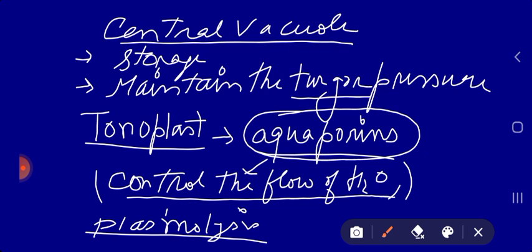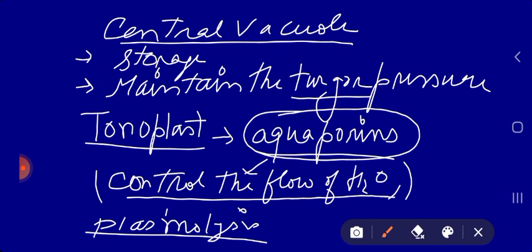So as I have said, the proteins found in the tonoplast, like aquaporins, control the flow of water into and out of the vacuole through the help of active transport by pumping potassium ions into and out of the central vacuolar interior.